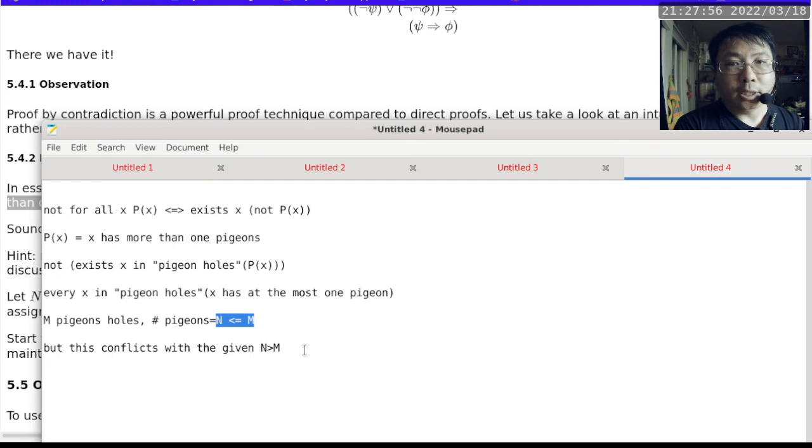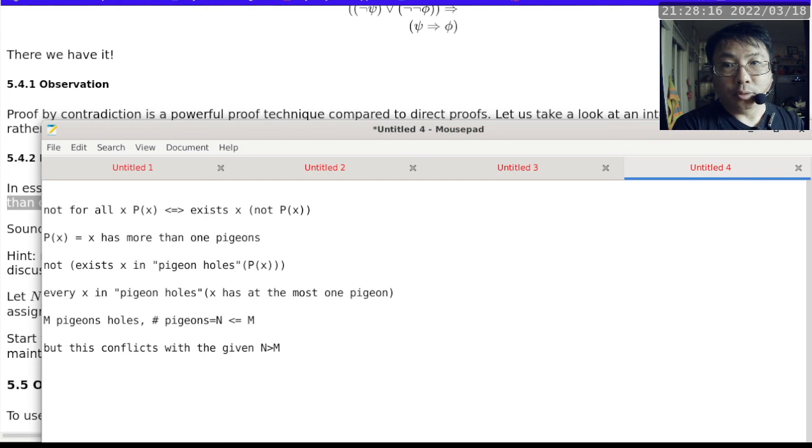But the given, which is what is in iota, is saying, don't ask me why, but you are told, and this is true, that n, being the number of pigeons, is greater than m, which is the number of pigeonholes. So these two obviously cannot be true at the same time, which means the conjunction is false.